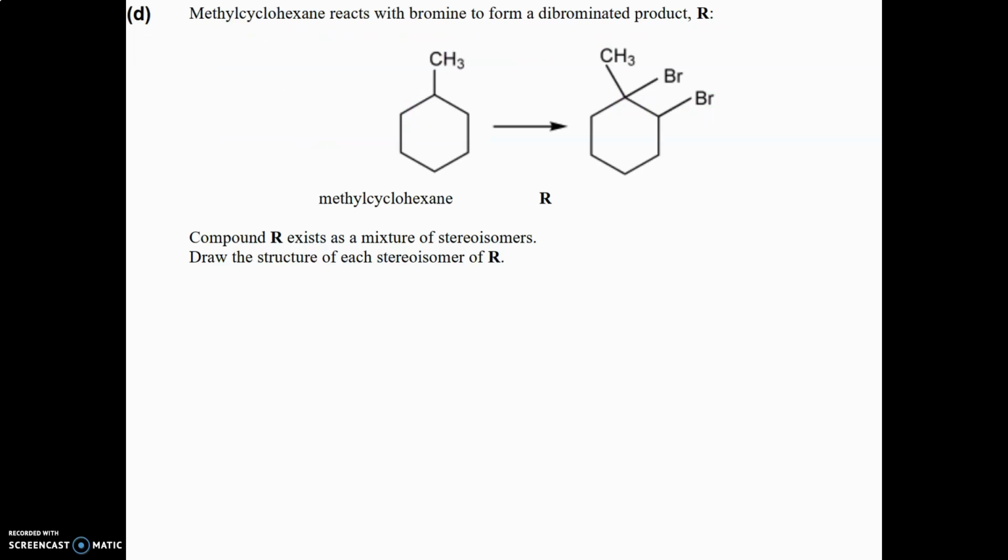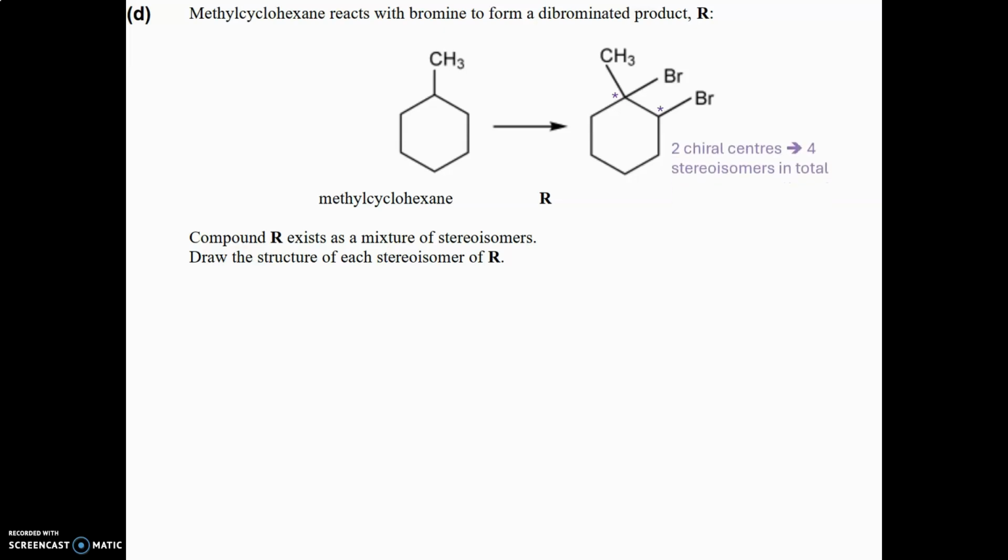Part D, methyl cyclohexane reacts with bromine to form a dibrominated product R. Compound R exists as a mixture of stereoisomers; draw the structure of each stereoisomer. First, in R, we note that the type of stereoisomerism present is optical isomerism, because you notice that there are 2 chiral centers in the molecule, which will lead to 4 stereoisomers, 2 to the power of 2.